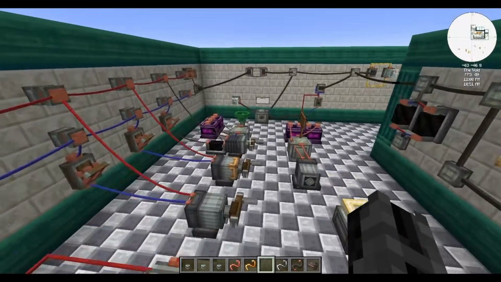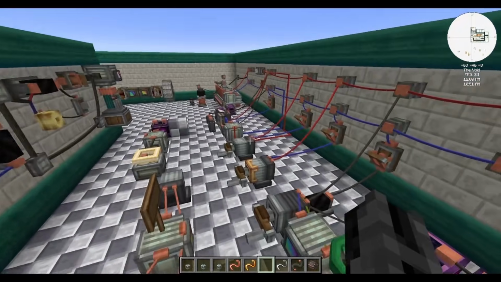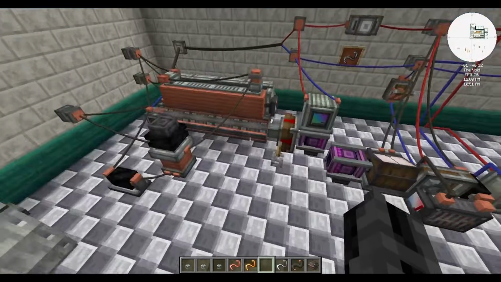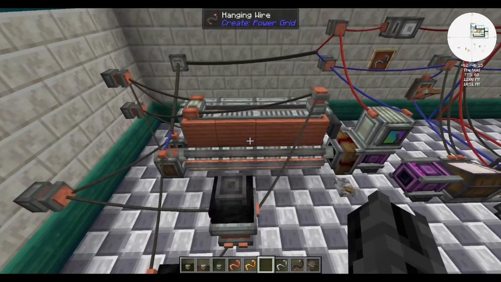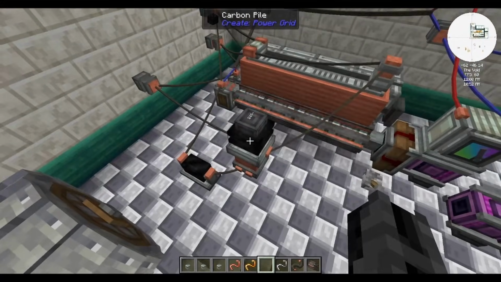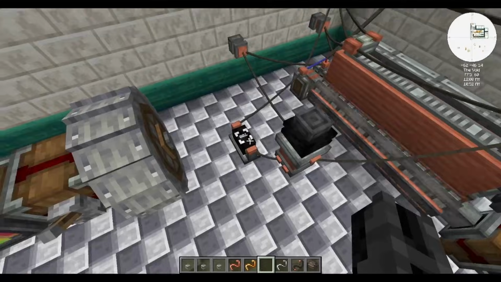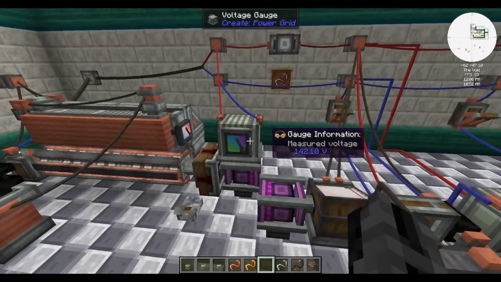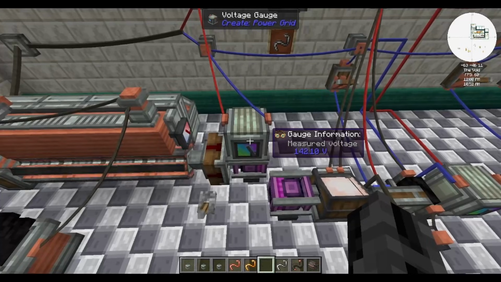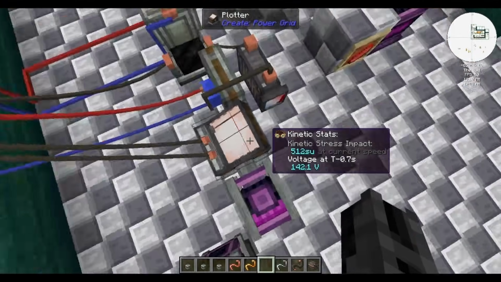Here's an example of a network where you can see some of the devices the mod offers. This is an example of a generator that's using a carbon pile for regulation. I'll get back to these when we get to designing generators. As you can see, the voltage is 140 volts.